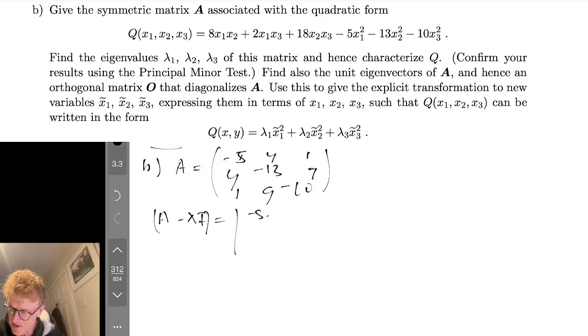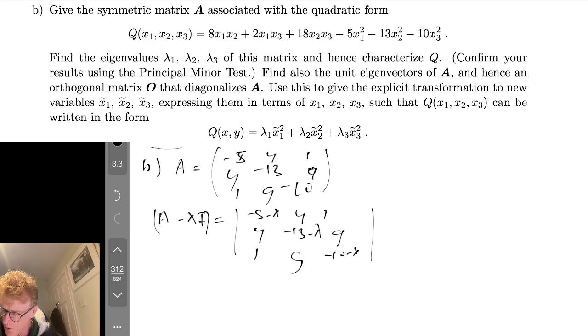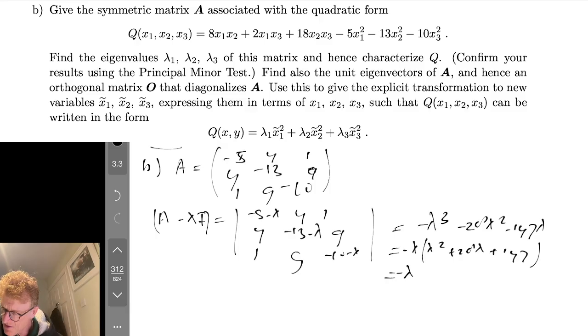So that's minus 5 minus lambda, 4, 1, 4, minus 13 minus lambda, 9, 1, 9, minus 10 minus lambda. So that's a whole thing, but you find actually that it's minus lambda cubed, minus 28 lambda squared, minus 147 lambda, is minus lambda times lambda plus 7 times lambda plus 21. Bit of calculation.